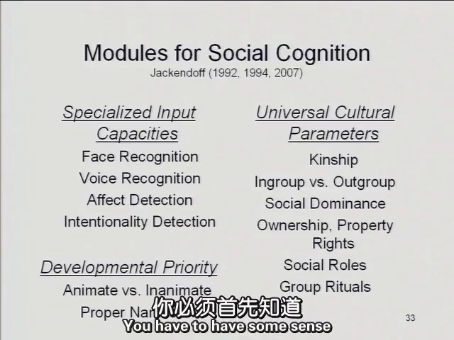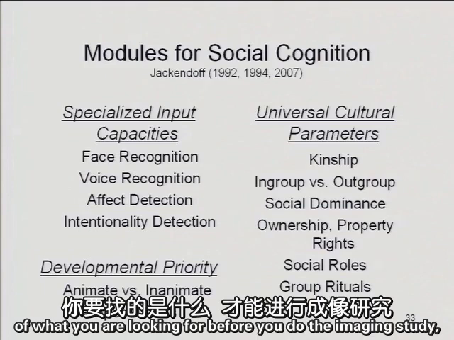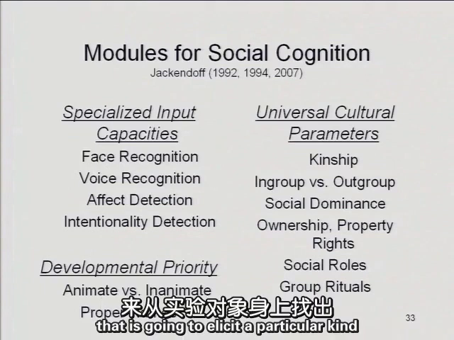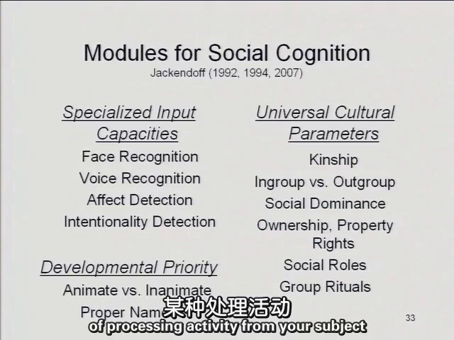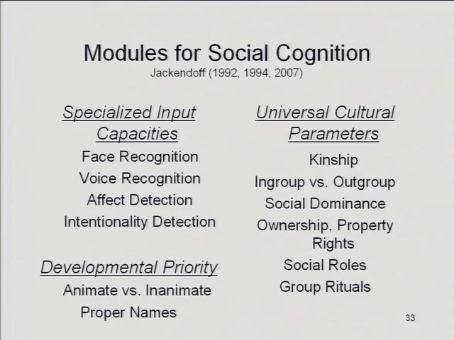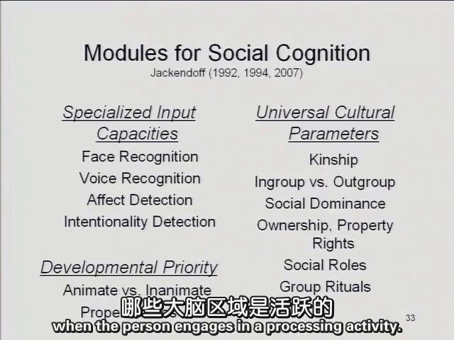You have to have some sense of what you're looking for before you do the imaging study, because what you have to do is design a particular task that is going to elicit a particular kind of processing activity from your subject, so that you can identify what brain regions are active when the person engages in that processing activity.